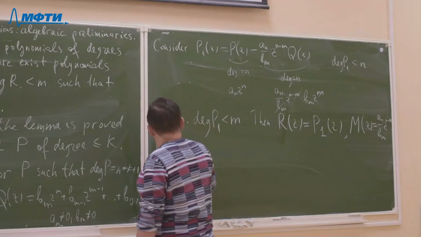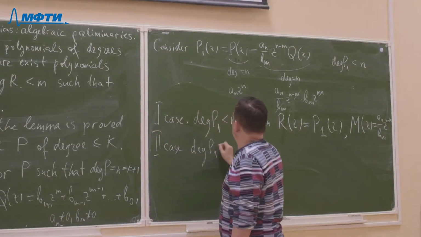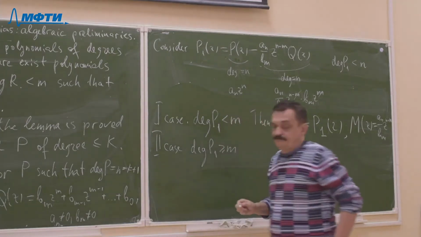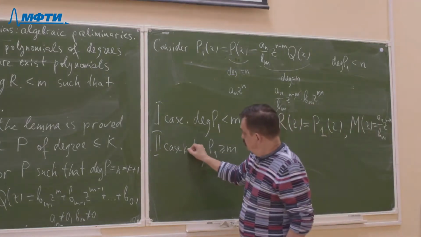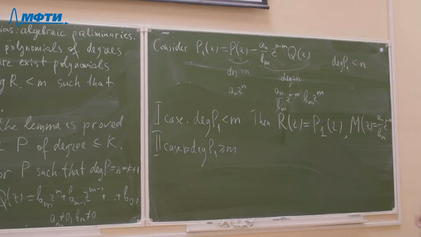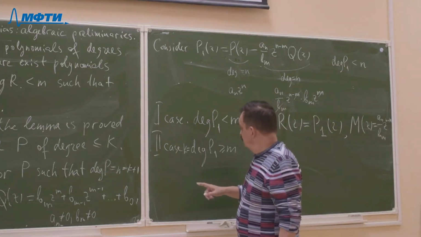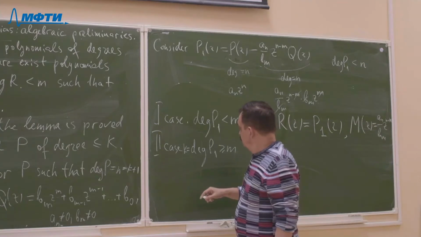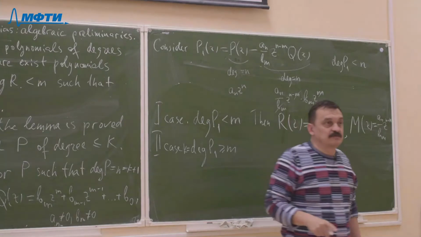Second case. If the degree of P1 is greater or equal than m, let it be k. So what it means? It means that we can apply our supposition.